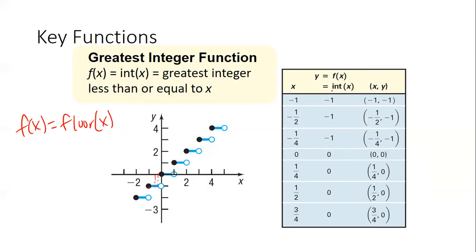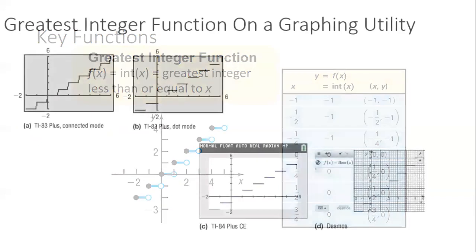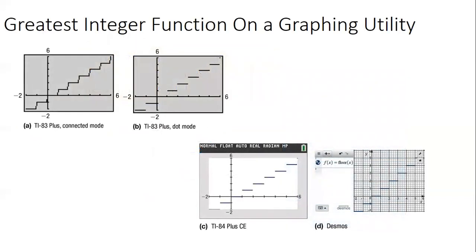That's why if you look right here, integer, interval, all goes together, okay? When you are looking on the calculator, it literally looks like steps. So sometimes it's called a step function, sometimes it's called the greatest integer function, but the reason being is it looks like steps.